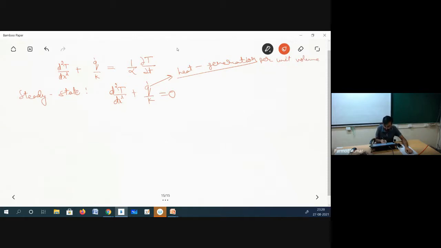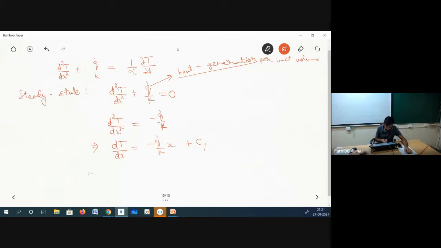Now, if you have to find out the temperature profile, what you have to do? You have to integrate this equation. Okay. So let me integrate. First I will write d square T by dx square equal to minus q dot by k. If I integrate once, I will find dT by dx equal to minus q dot by k into x plus c1.